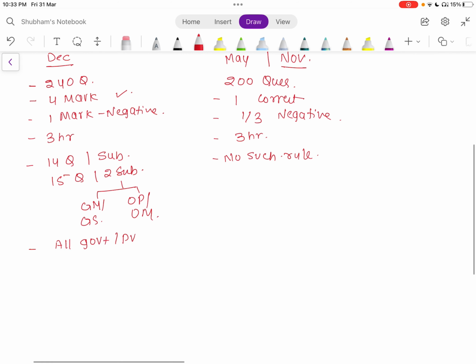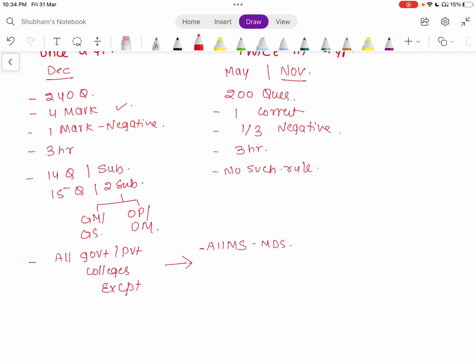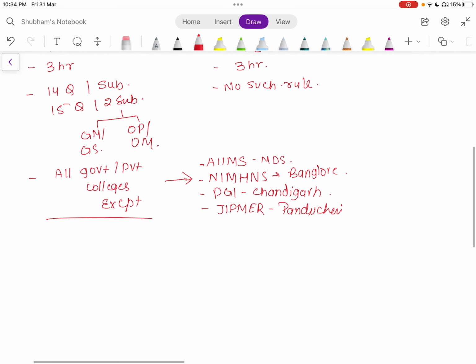After getting a good rank in INICET, you will get admission in all of the AIIMS colleges throughout India, NIMHANS Bangalore, then PGI Chandigarh. Please excuse me, my spelling is a bit wrong. These colleges won't be participating in your NEET MDS exam, correct?